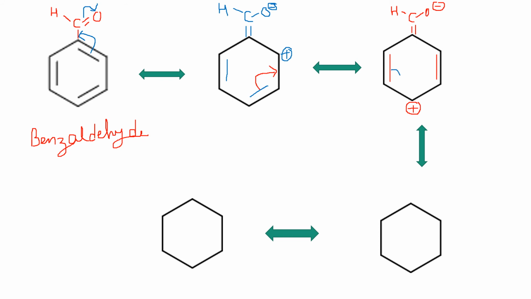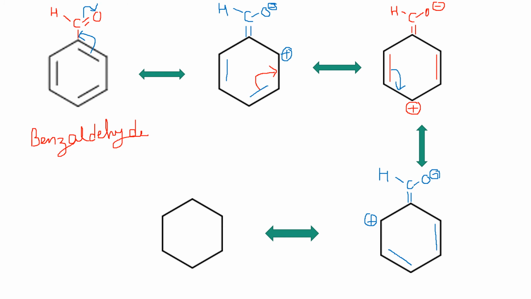Next, this will shift here. Because of that, you have got a positive charge on this ortho position now, and this is still as it is. See, the more you practice drawing such structures, the more efficient you would be. Practice is the key for everything.